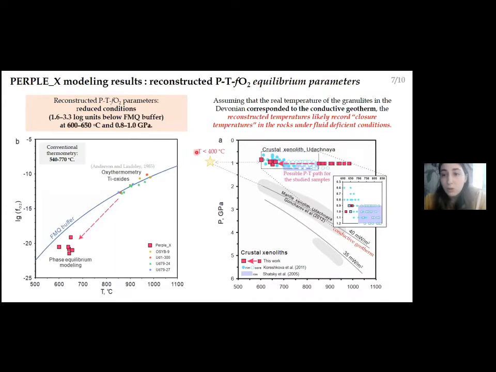And it is much colder than the temperature we obtained in modeling. So we think the real temperature in the lower crust in the Devonian was lower than 400 degrees Celsius, which corresponds with this geotherm. And our temperatures are just a record of kinetically related inhibition of mineral reactions. So they are just system closure temperatures.